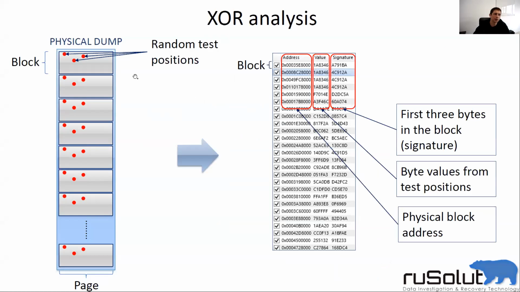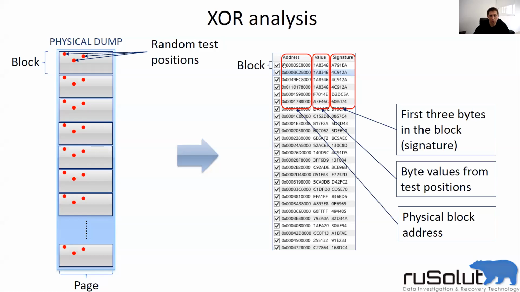It just compares all blocks within the dump and then shows us this table, and blocks which have the same content, the same data, will be brought to the top. So the software will try to find the same blocks. That's the first thing we need to remember.